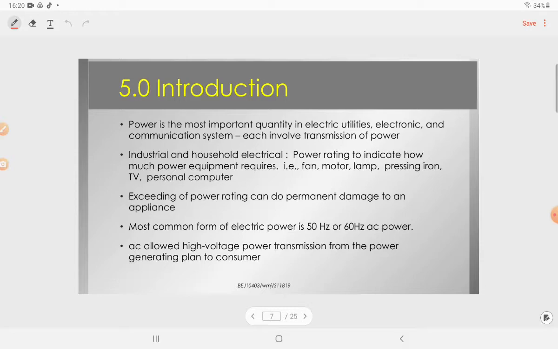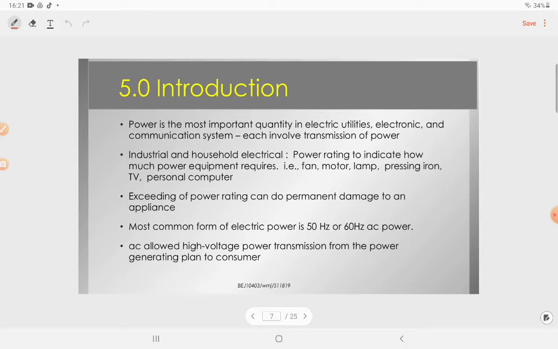This power rating tells us how much power the equipment requires. Exceeding the power rating can do permanent damage to an appliance. So if you apply more power to the appliance than it can handle, it can damage that appliance.